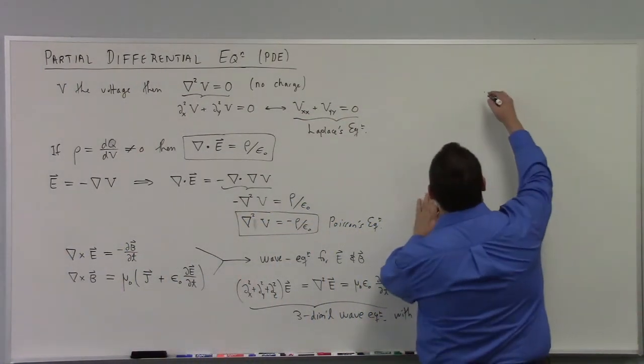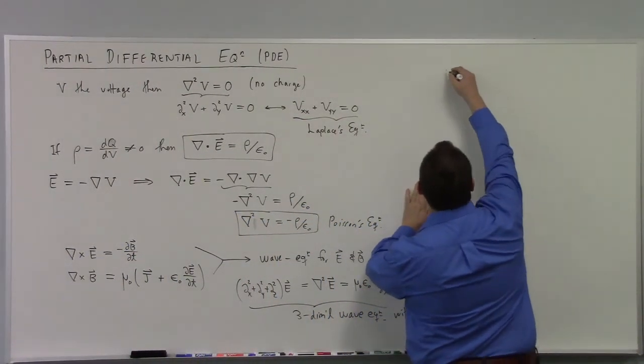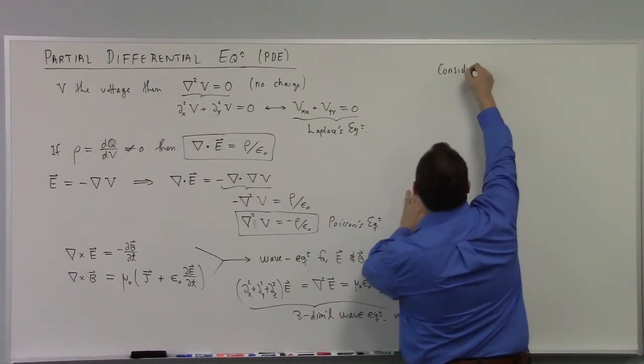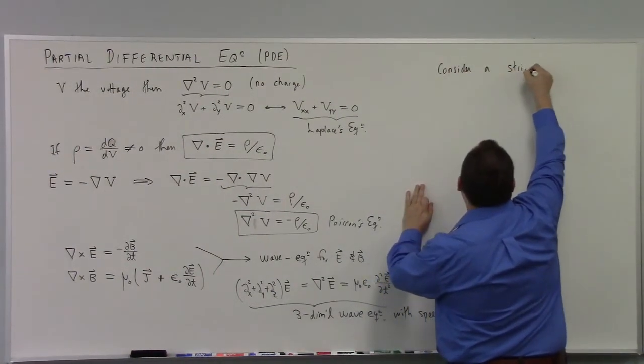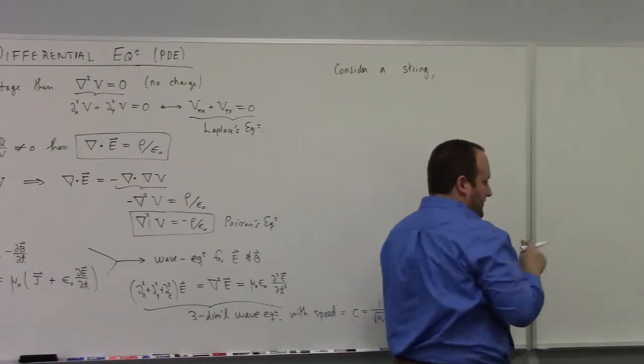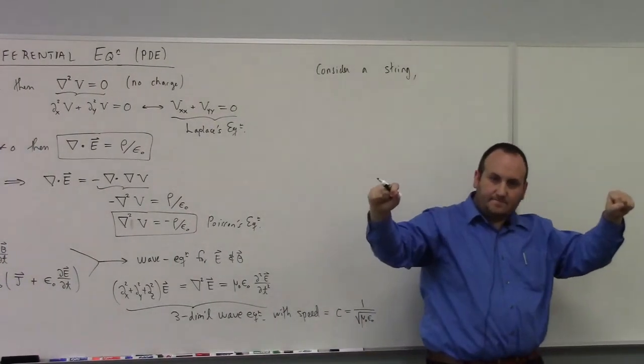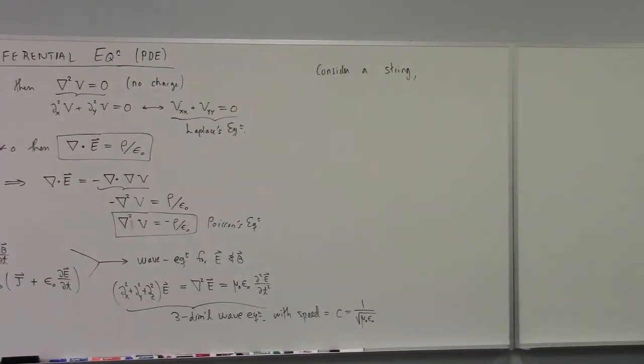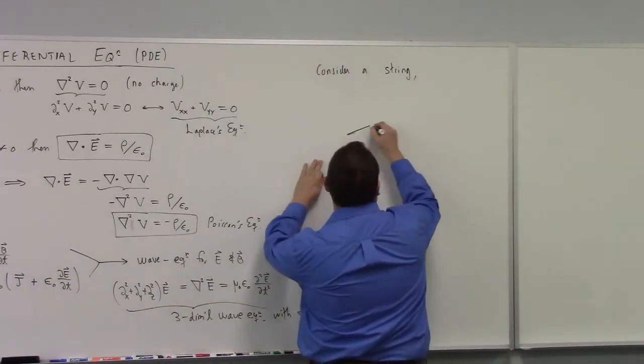So suppose you have a string, right? And suppose that the string is taut, really tight, and you want to study how that string waves up and down. So what you do is you look at a little segment of it, like this.